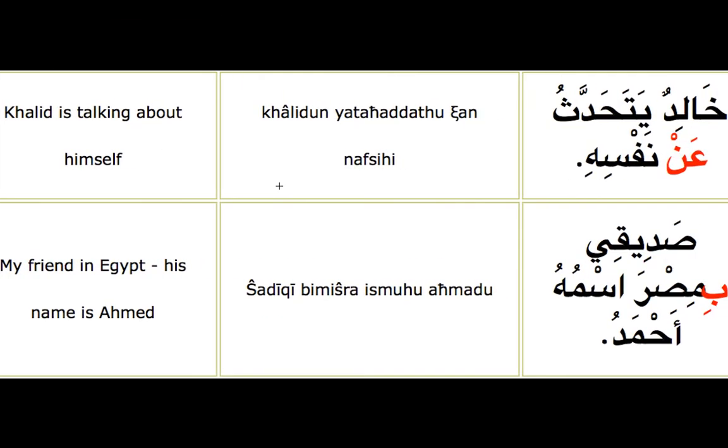So let's do some sentences. Khalidun yatahaddasu an, Khalid is talking about. An means about. Khalidun yatahaddasu an nafsihi, about himself. Nafs means self. Khalid is talking about himself.